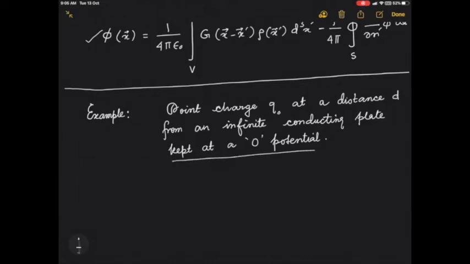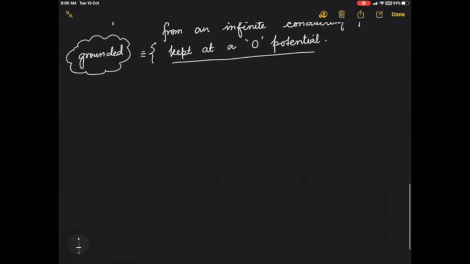Well, when I say kept at zero potential, this is equivalent to grounded, right? Because ground is usually taken to be zero potential. So this is a grounded infinite conducting plate in front of which you have kept a point charge.